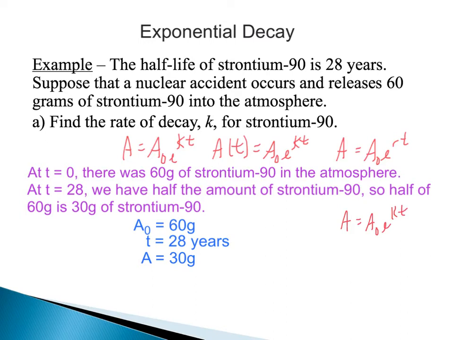We're going to end up with A was 30, A sub 0 is 60, and then e to the k, that's what we're trying to find, times t, which is 28. And again, we can rewrite this as 30 equals 60 e to the k times 28. We can rewrite as 28k. And then this way we have an exponential equation that we can solve for k with.